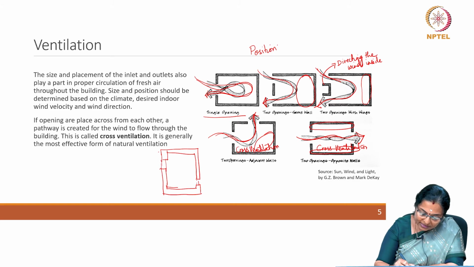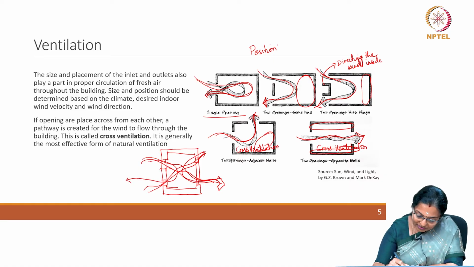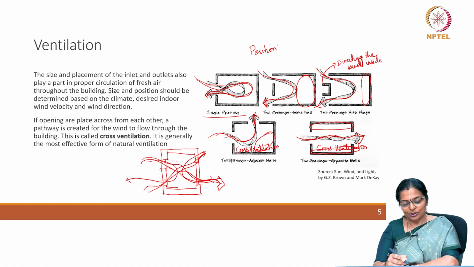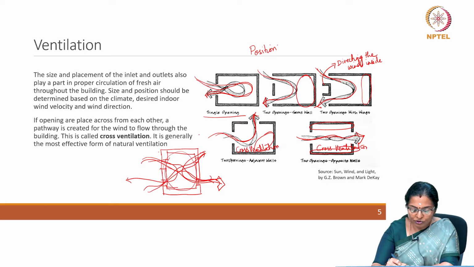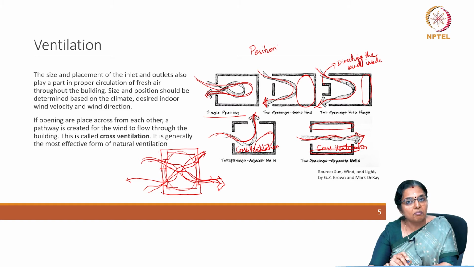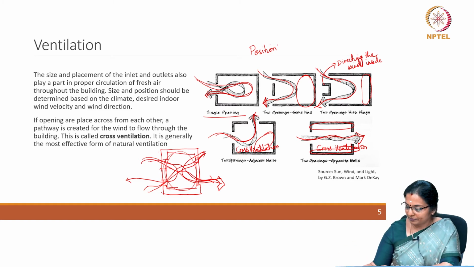So, what happens is breeze flows across this room, and if you have this, all the more better. There is cross ventilation in every sense of the word, and most of the room becomes very well ventilated, which is the best case scenario.